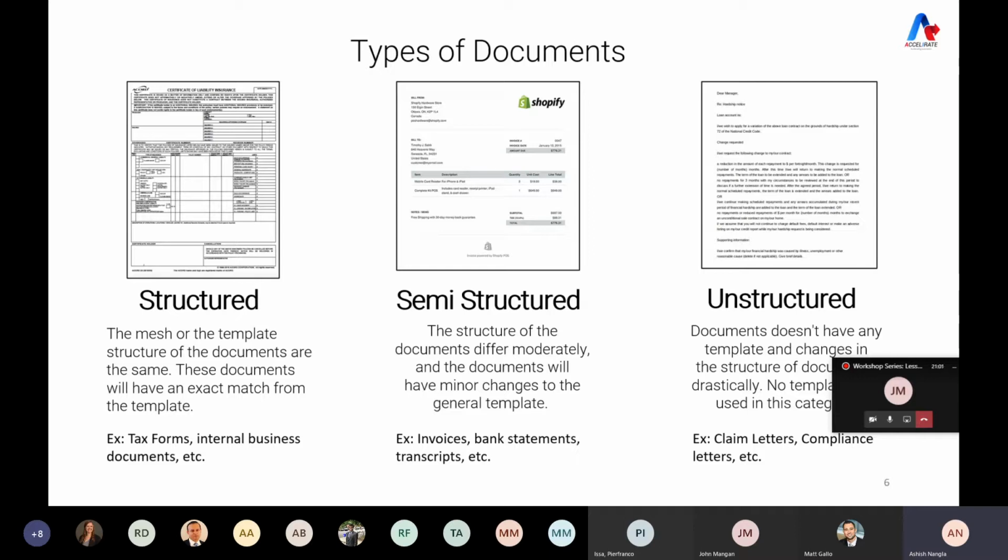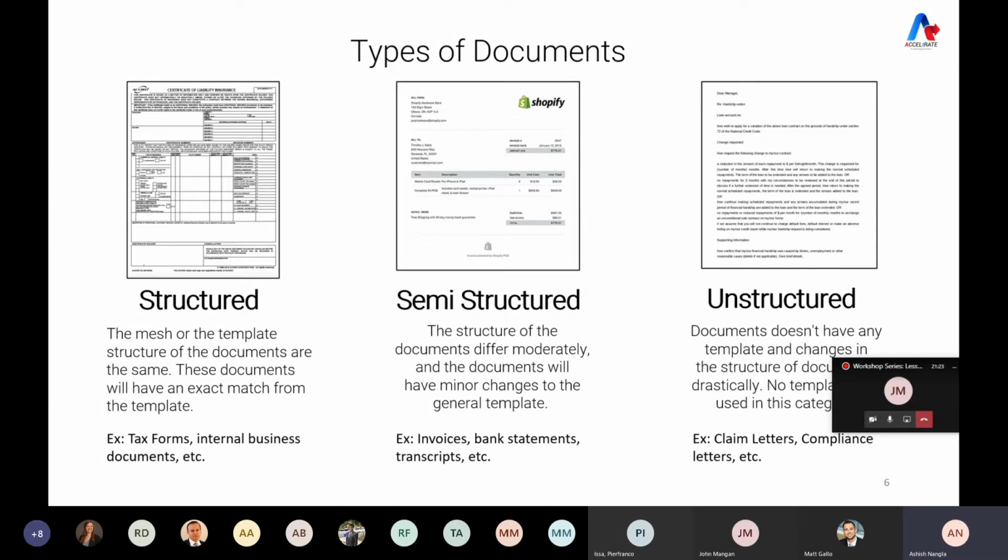These are templates, generally published by an industry body, an organization themselves, or public or government bodies. Tax forms, and here the example is an ACORD form from the insurance industry, are structured templates or structured documents.